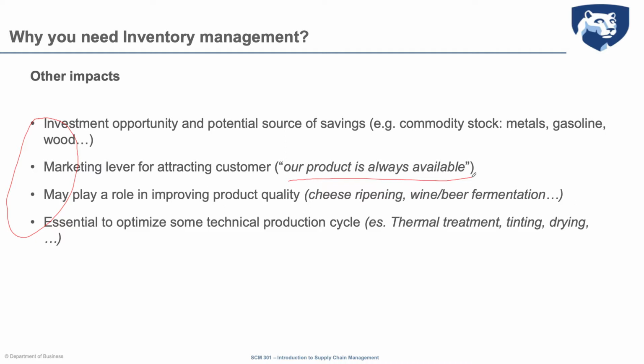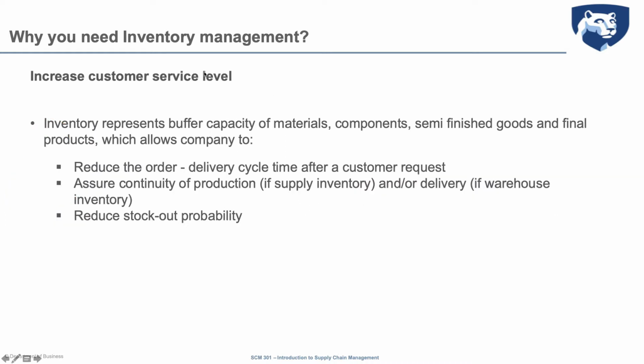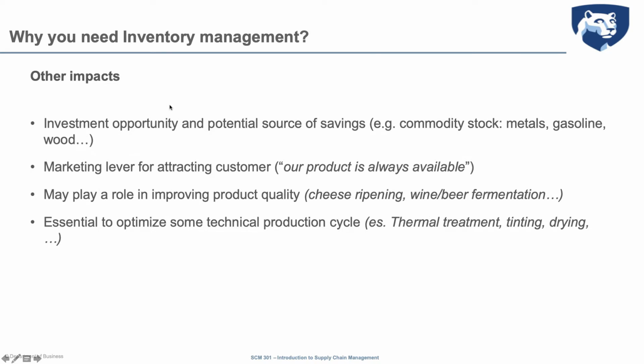Because Blockbuster was so confident about their way to manage inventory and how they would use inventory to increase customer service level, that they were 100% sure that whenever you went to any point of sale, you were able to find what you were looking for, and it was very rare that you wouldn't have paid for the rental because you were not able to find the copy of your video. Our product is always available, so a customer service and marketing lever, promotion in particular.